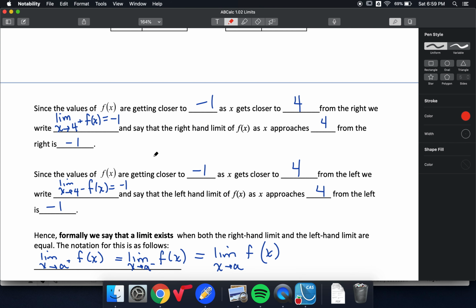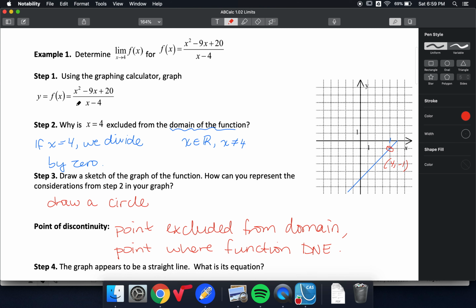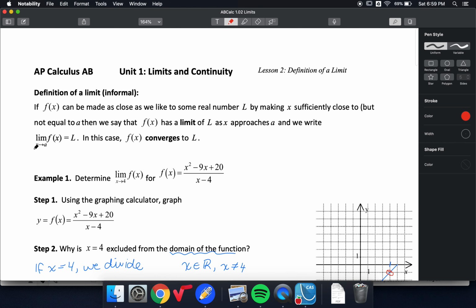So since the values of f of x are getting closer to -1 as x gets closer to 4 from the right, we write the limit as x approaches 4 from the right. I put this plus sign in as an exponent. So notice this is like the notation up here, except now with that a value, so my a value is 4, but I also put a plus to denote that I was coming from the right, from the positive side of the x-axis.